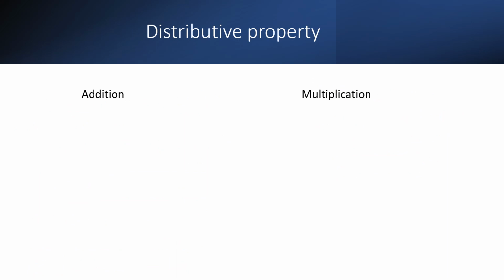Now distributive just involves two operations, so in this case we can combine both operations. What it says is that if you have, let's say, a, b, c to be real numbers, we will have a times, b plus c, equals a times b plus a times c.